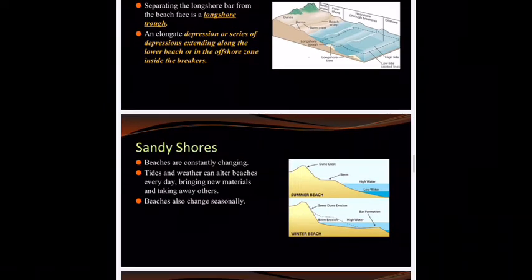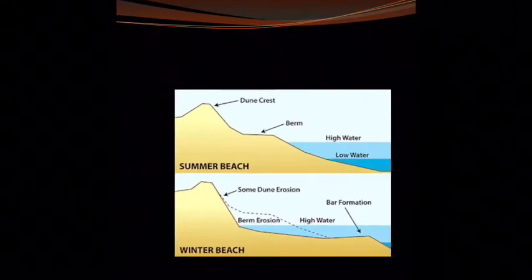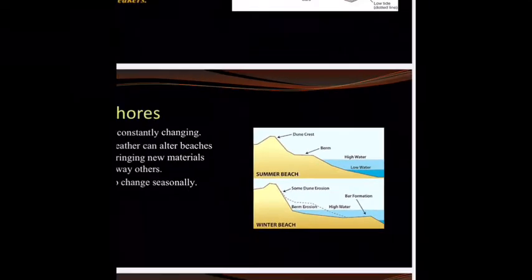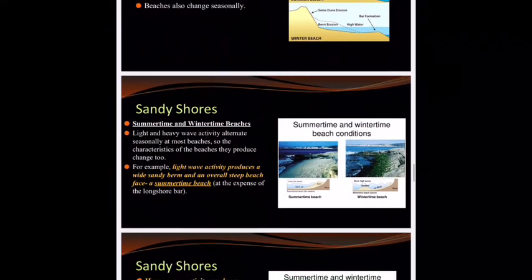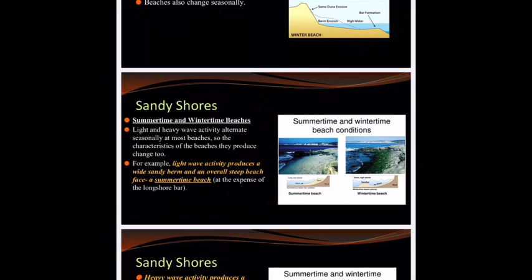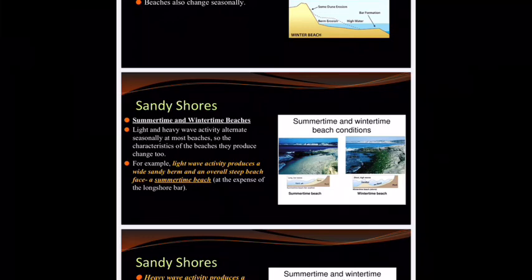Remember that beaches are constantly changing. The tides and the weather can alter beaches every day, and beaches also are going to change seasonally. Think about summer beaches versus winter beaches, and that also is going to depend on where you are, your latitude, okay? So usually it depends on where you are, but light wave activity produces a wide sandy berm and an overall steep beach face.